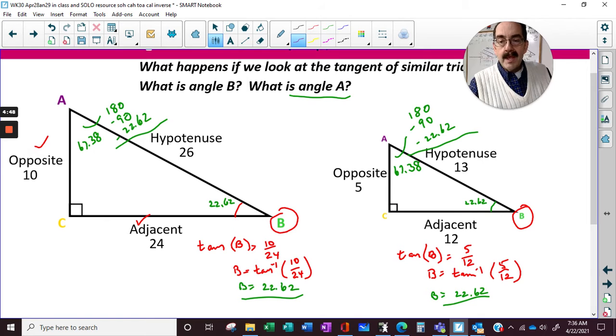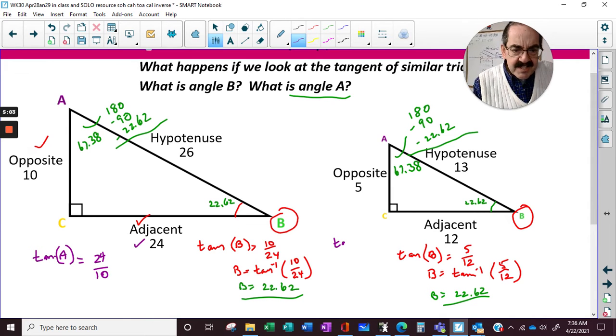Now, isn't the tangent of A nothing more than 24 over 10? Or isn't the tangent of A nothing more than 12 over 5?